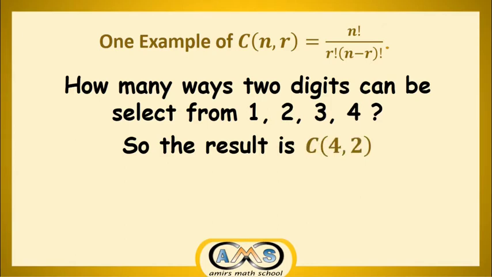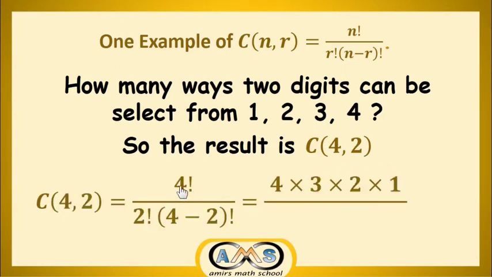So the result is C(4, 2). If we substitute the values in the formula, in place of n we write 4 and in place of r we write 2. So C(4, 2) is equal to 4 factorial divided by 2 factorial multiplied by 4 minus 2 factorial, just substituting the values of n and r on the right side of this formula.